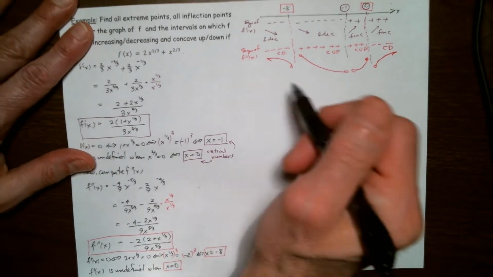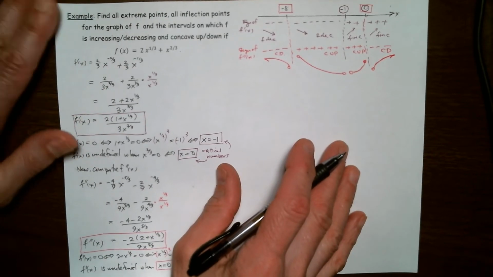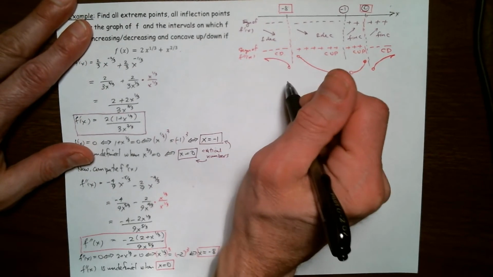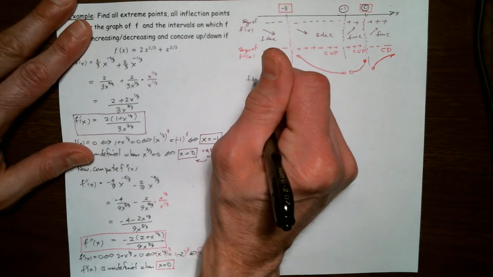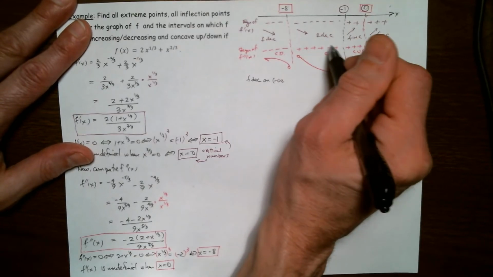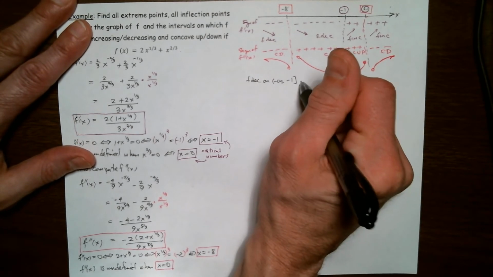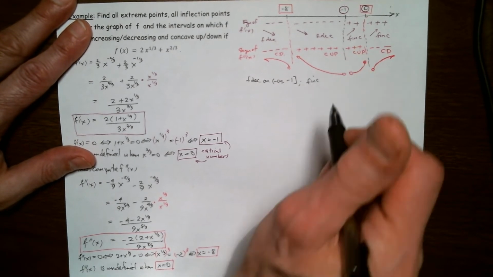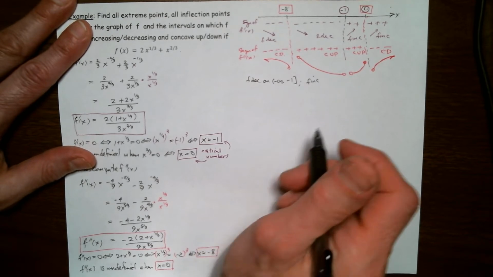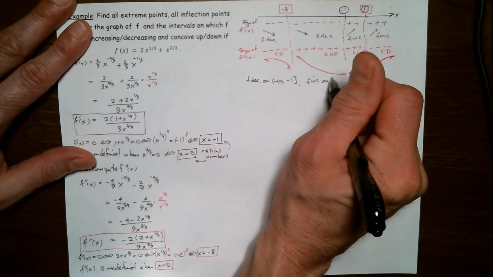So let's just summarize what this table tells us. It tells us, as we said, that f is decreasing on the interval from minus infinity to minus 1, inclusive, and f is increasing on the interval from minus 1 to positive infinity, inclusive.